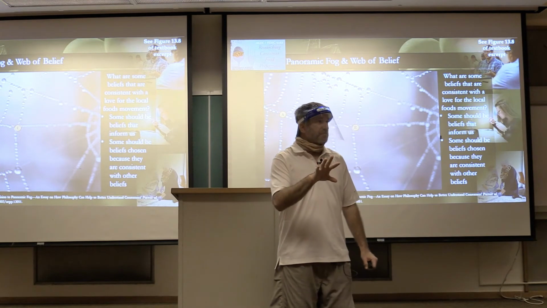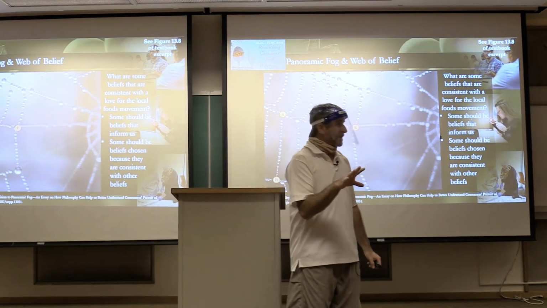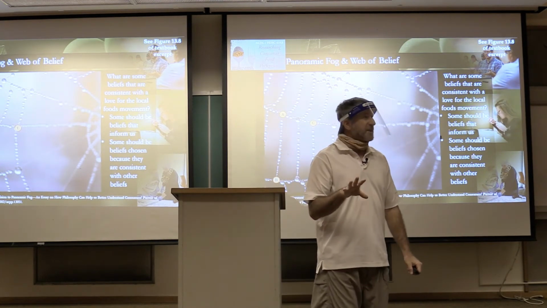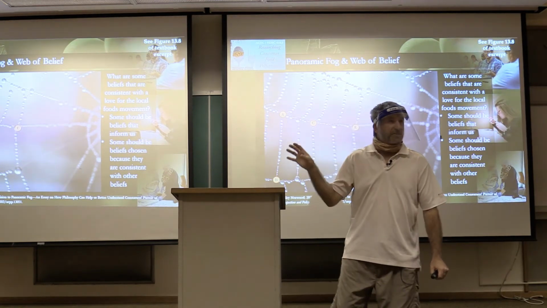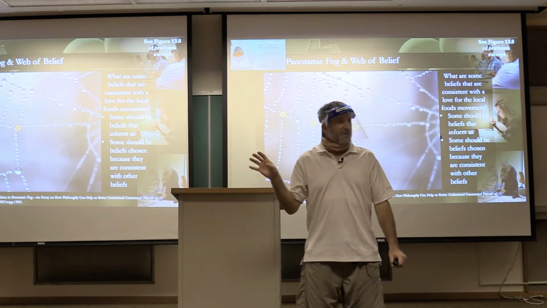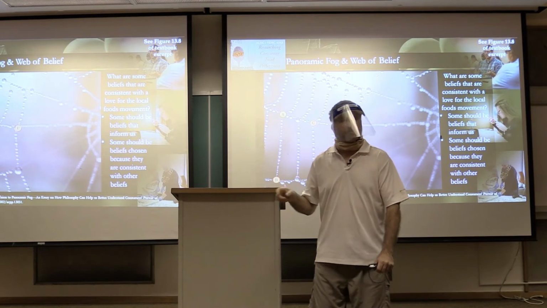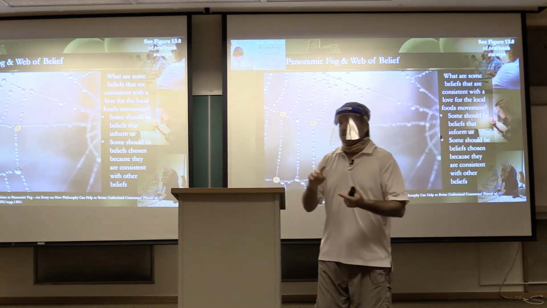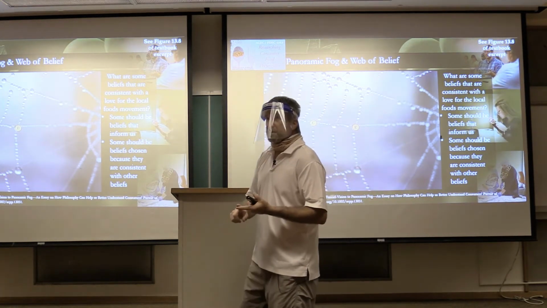Now, you don't want to stereotype too much. On the other hand, let's take the opposite of that kind of person who might also like local food. So this other person loves meat.